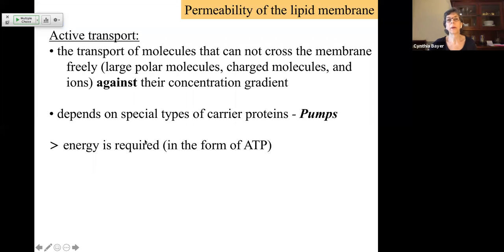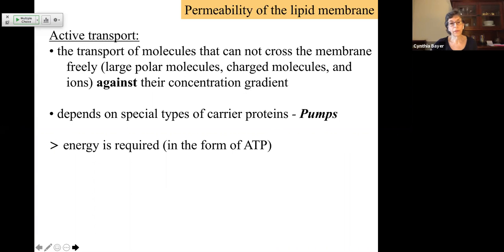It has to push these solutes across. And this type of transport is going to require energy in the form of ATP. And the type of carrier proteins that can push something across a membrane are called pumps. And we'll talk about examples of active transport, of the function of a pump type of transport protein, a little bit later.